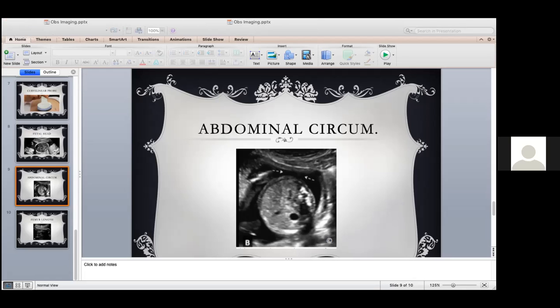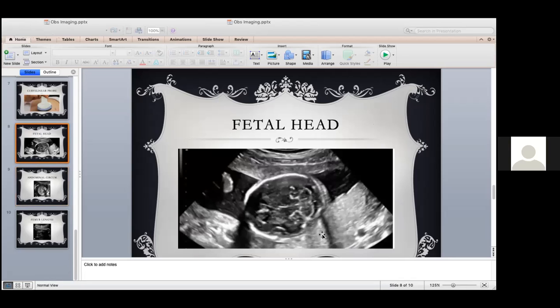Any other question? We have one minute left. Yes, in terms of the head circumference, there was a thing to do with the septum pellucidum. Is it also visible on the ultrasound? Well, yes, it is visible.